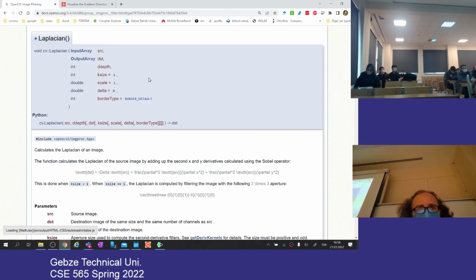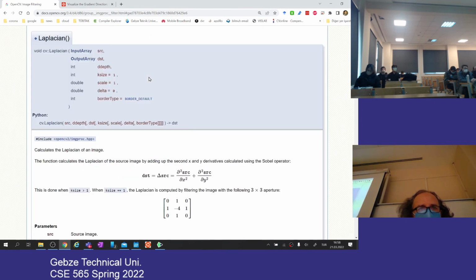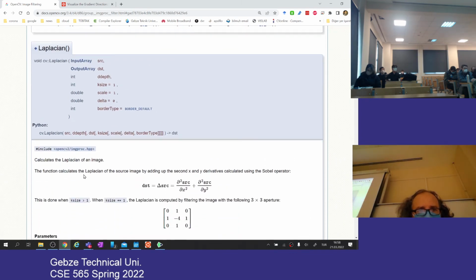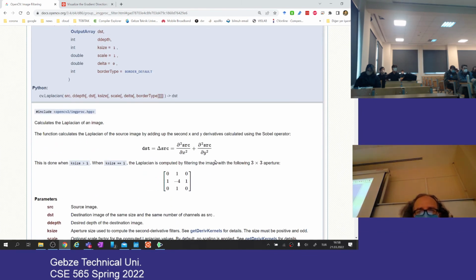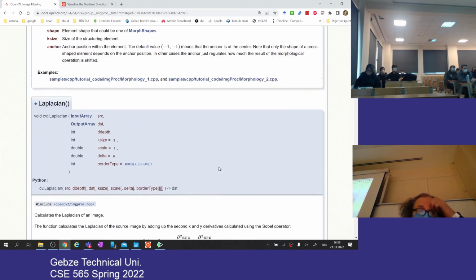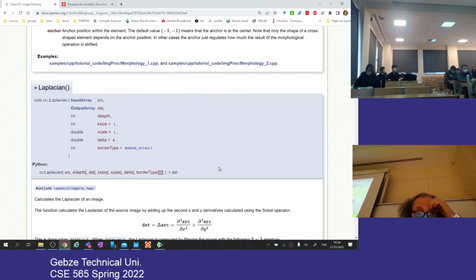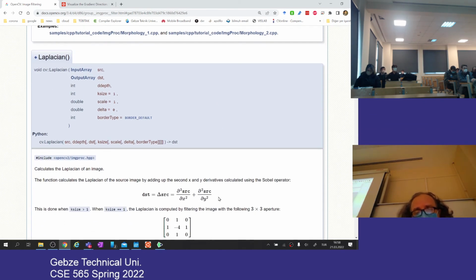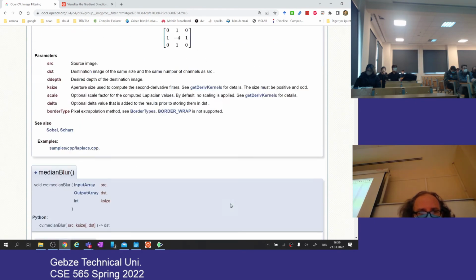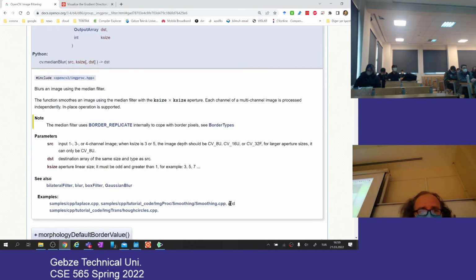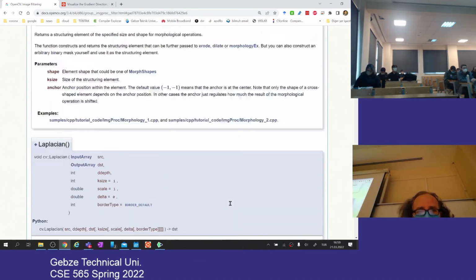So this one says to find the Laplacian function, which calculates the Laplacian of the source image by adding up the second derivatives. See this one? It finds the Laplacian of the input image. So it takes the second derivative of it, and if you provide a Gaussian to it, it's going to find the Laplacian of the Gaussian.